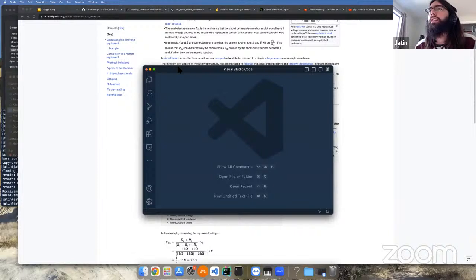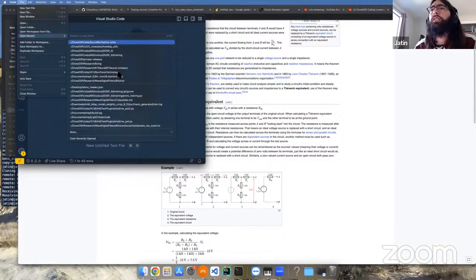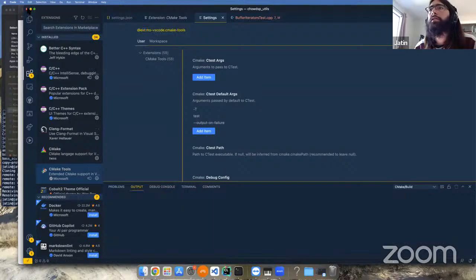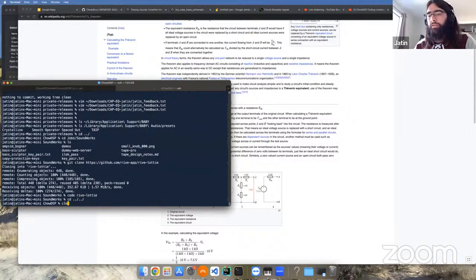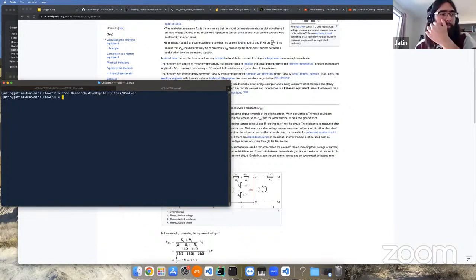So let's see here. I have a little repo that I've used for this before. I should close some windows here. So let's go to, I think this is in... Yeah.